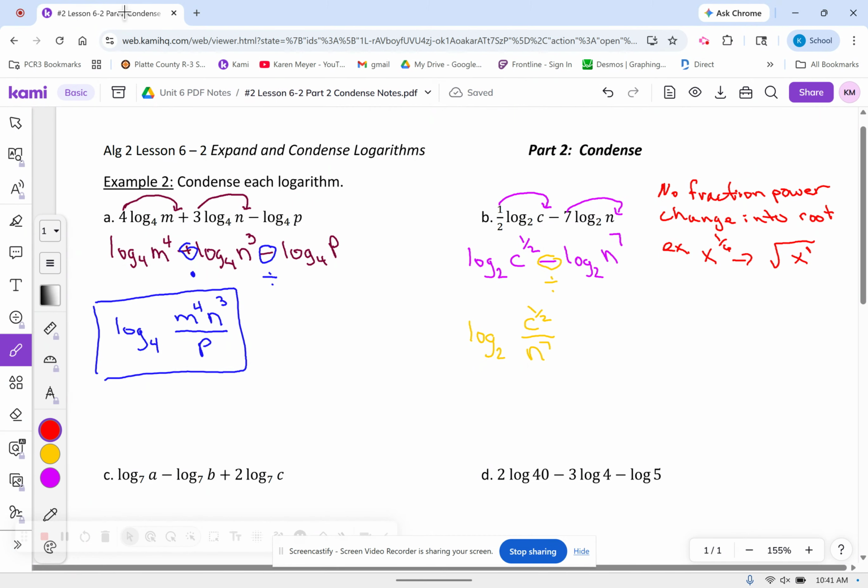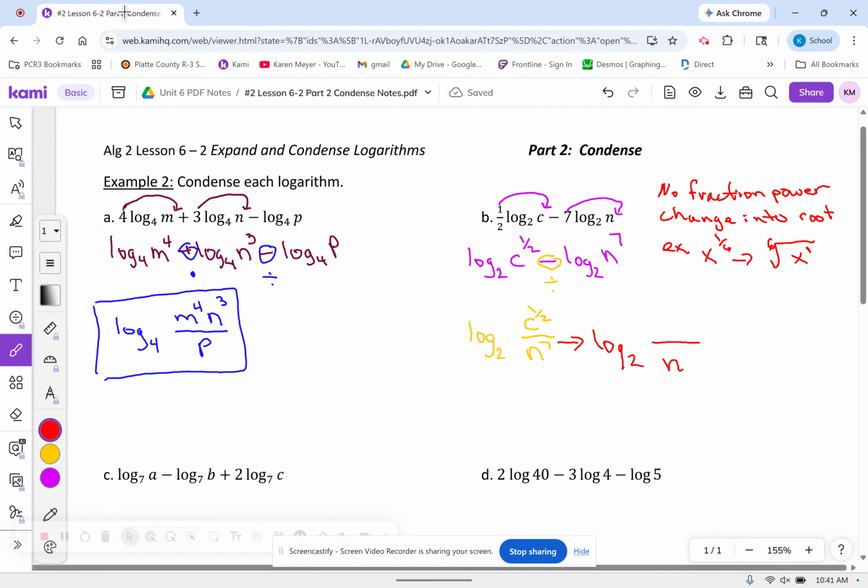The bottom number of the power goes outside as your index, because remember we always talked about it was inside over outside. So if you look at this problem, we're going to keep log base 2.